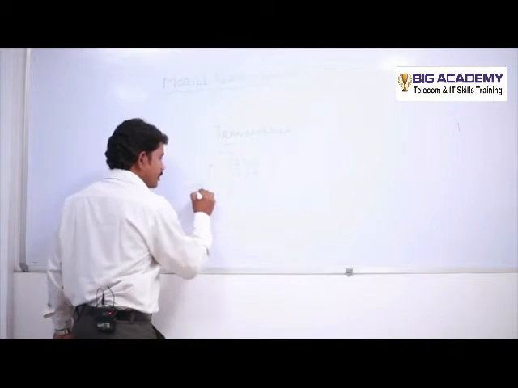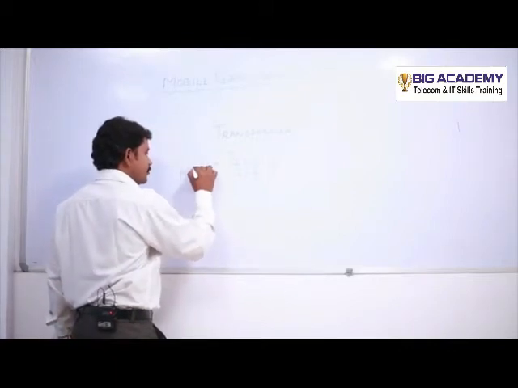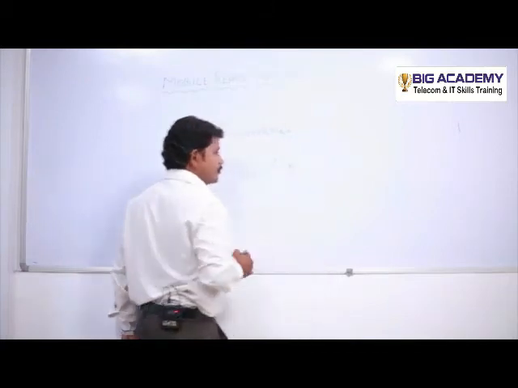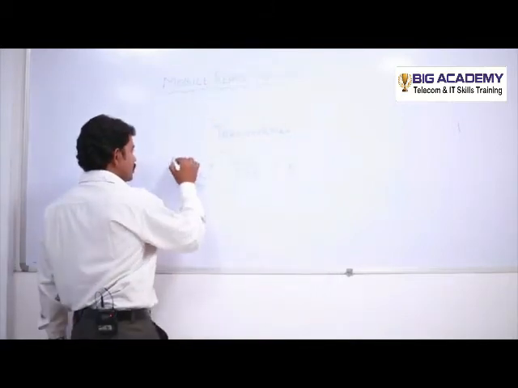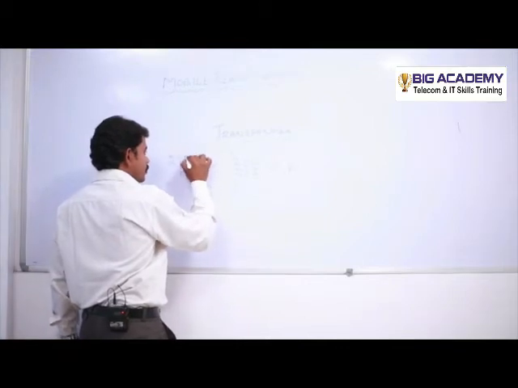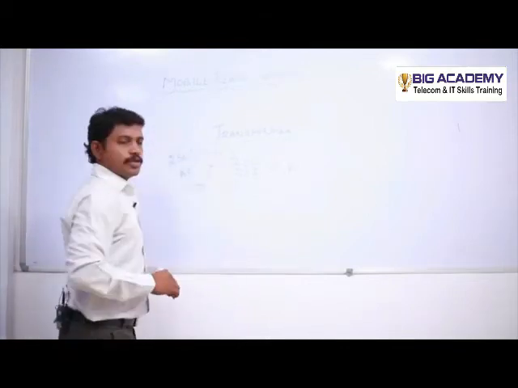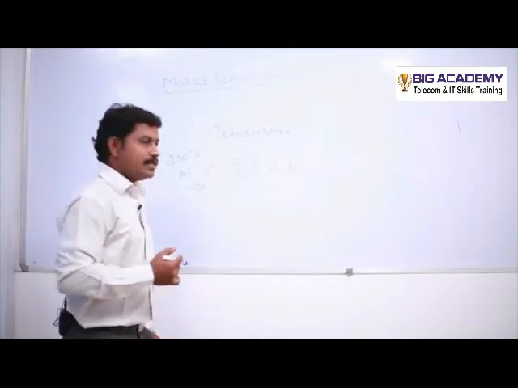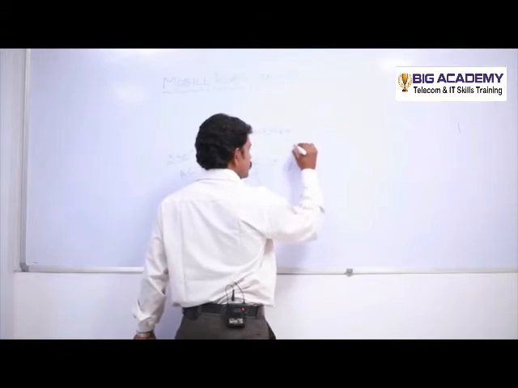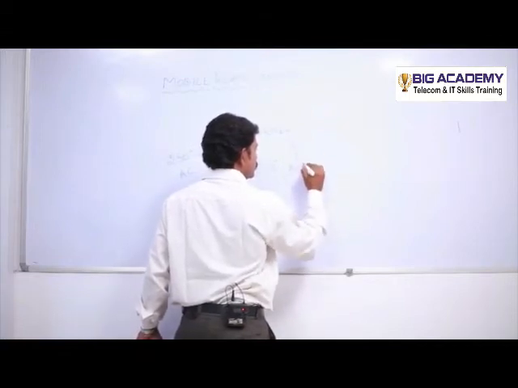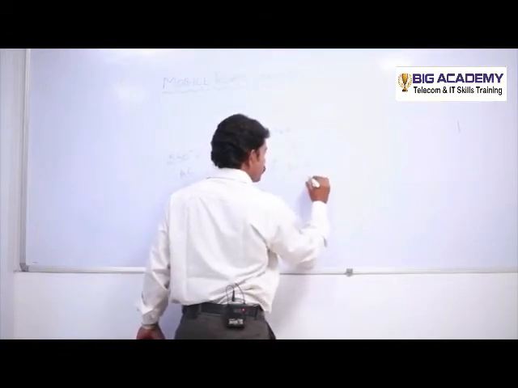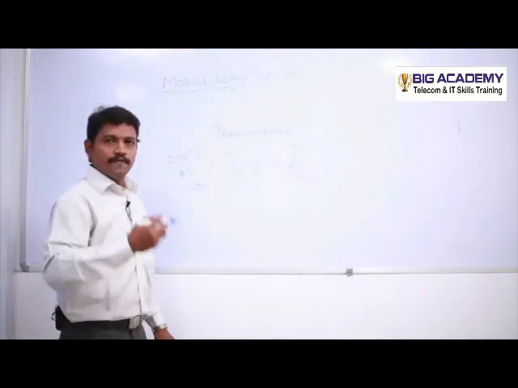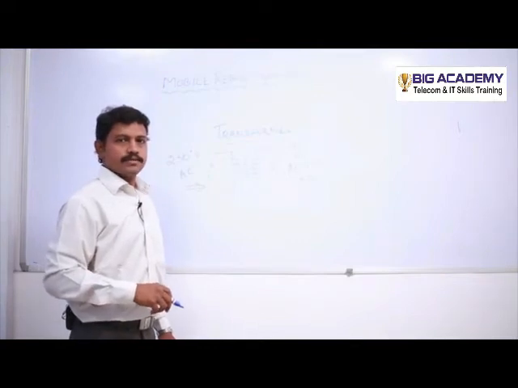Because the input given to the transformer is in the form of an AC signal and the output is also in the form of AC. Our grid voltage value is 230 volt. Mobile phones or laptops require only 19 volt, 5 volt, 3.8, 4.2. So these are the ranges of voltage which we require for our devices.